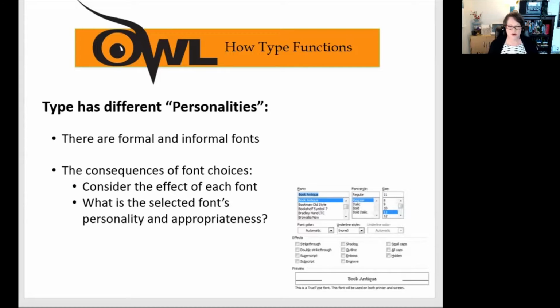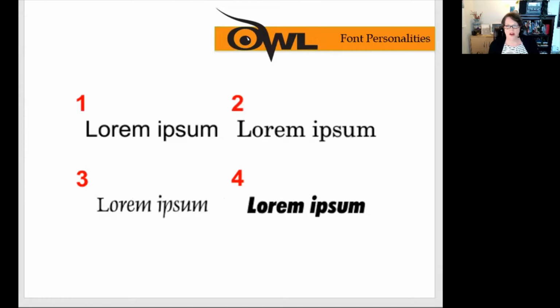Each typeface has a personality, whether it's formal or informal, and each can achieve a certain effect. So it's important to remember that not all fonts are appropriate for every situation, simply because of the nature of their personality. So the consequences of font choices, what's appropriate. So let's take a look at some different font personalities.